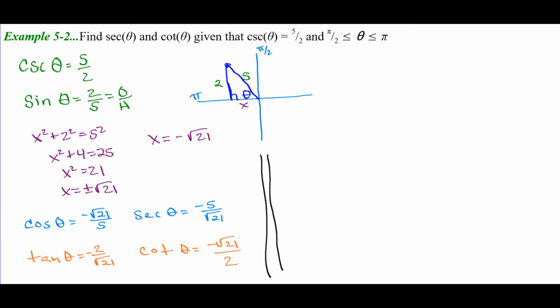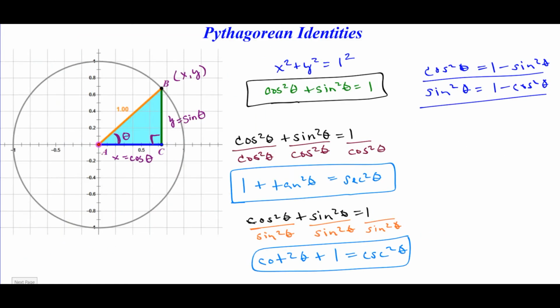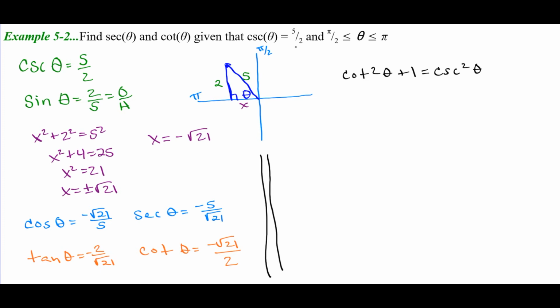So if we want to use our Pythagorean identities, again, I'm going to look at the value that I have, which is cosecant. So if I come back and look at my formulas, I'm going to look at the one that has cosecant in it, and it's this one. So this is the formula that I'm going to use. So cotangent squared theta plus 1 equals cosecant squared. Remember, I have my cosecant value, so I'm going to plug that in and square it. So cotangent squared of theta plus 1 equals 5/2 squared.